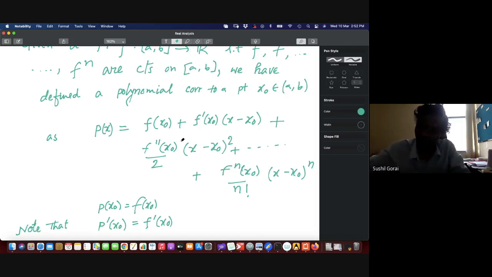But if you match the derivative up to that order at x naught, then this polynomial up to that order will be unique. Do you see the point? If you look at a higher order term, its derivative is zero there, so it will not contribute in the derivative. It will match up to order degree n only.